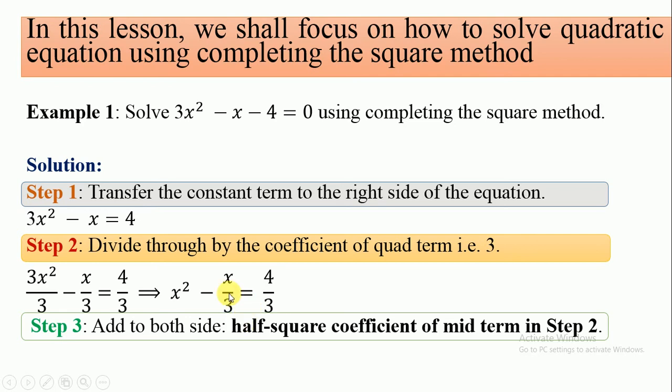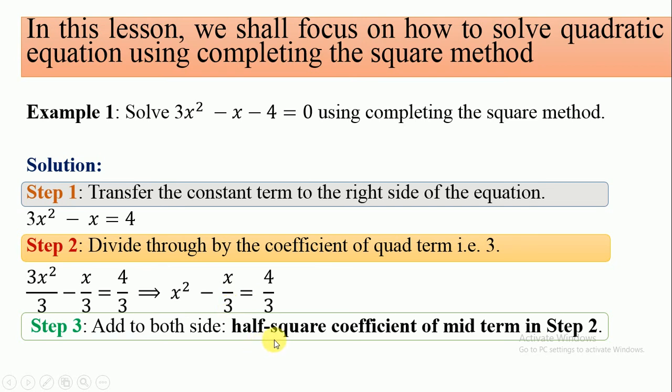So coefficient means something very close with operation of multiplication between something. So the coefficient of x is minus 1 over 3, because we have minus 1 over 3 times x. So the coefficient of midterm is minus 1 over 3.